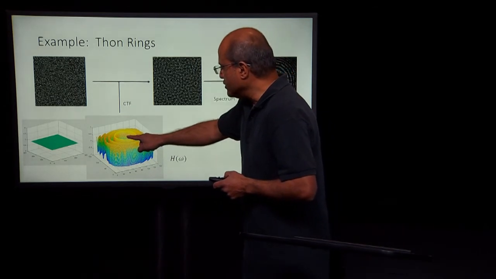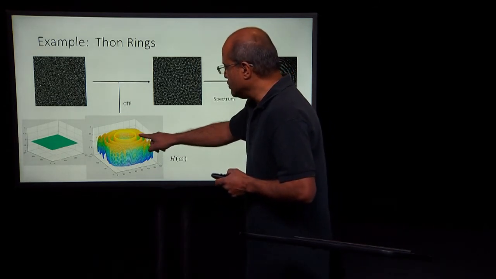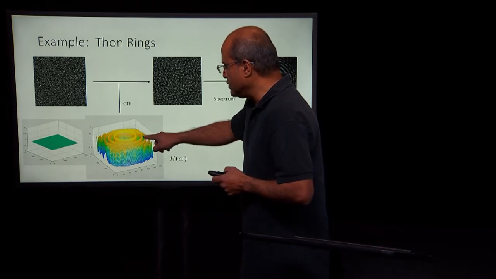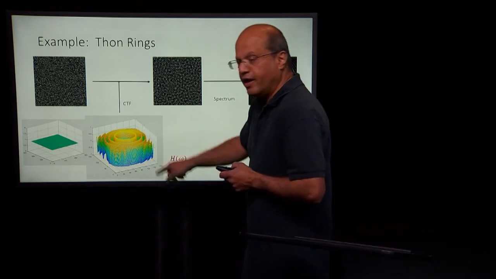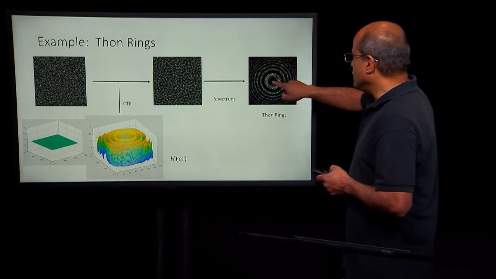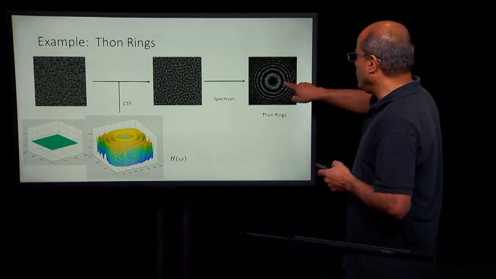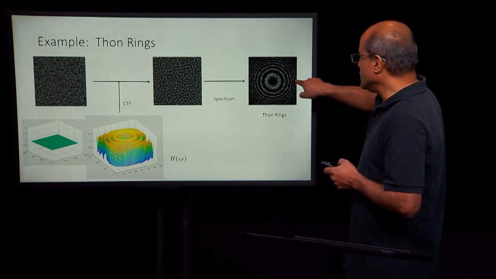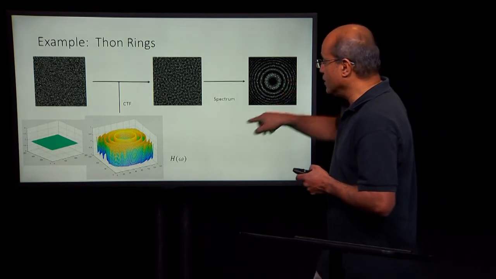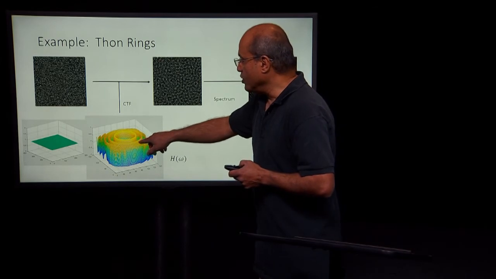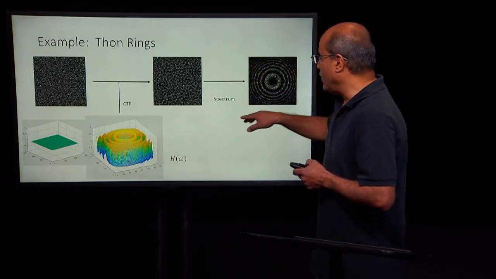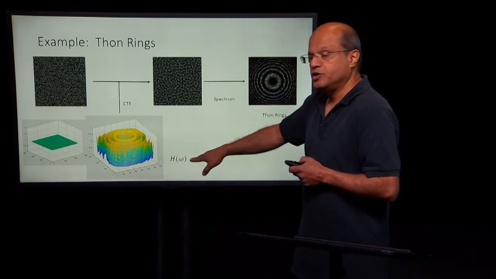If you start at the center and go along the x-axis, you can see that there are 3 positive peaks, and then correspondingly 3 negative peaks. So if you start from here and walk all the way out, you can see there's 1, 2, 3, 4, 5, 6 peaks. These 6 peaks correspond to the positive and negative peaks, because we now have to square the magnitude of h of omega.